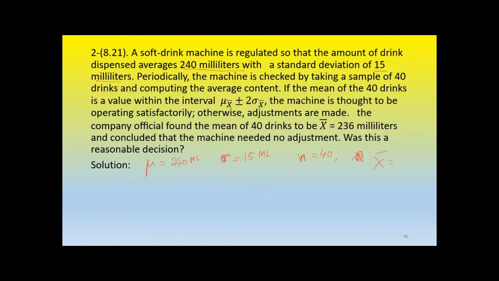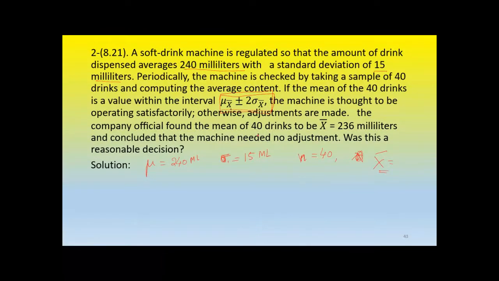And if the mean of the 40 drinks, the sample mean, is falling within this interval. See, this is mu x bar, the mean with respect to x bar, and sigma x bar is not sigma, which is the standard error, isn't it? The standard deviation, standard error with respect to this mean.